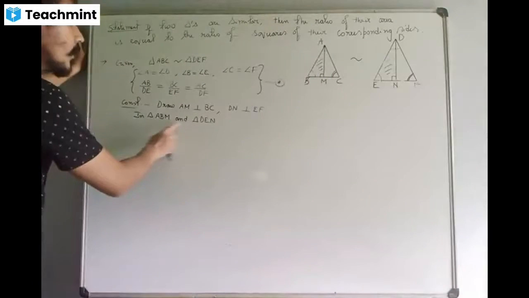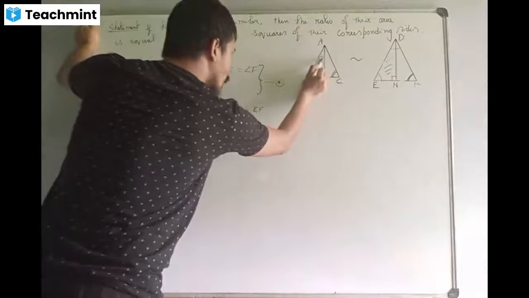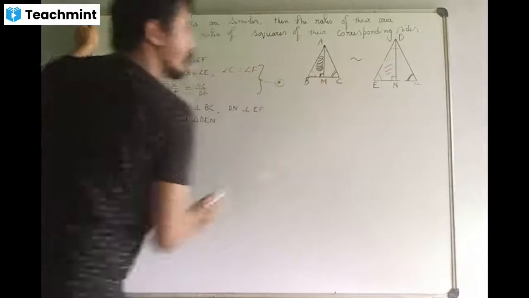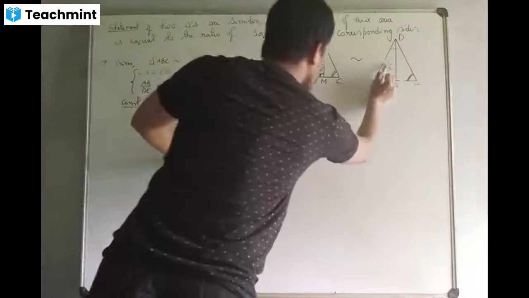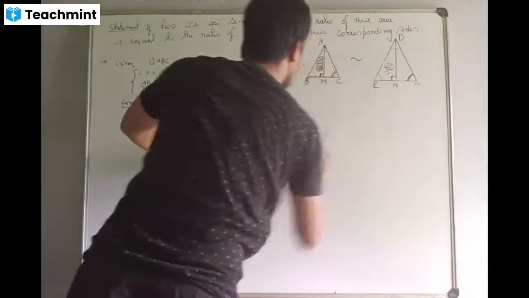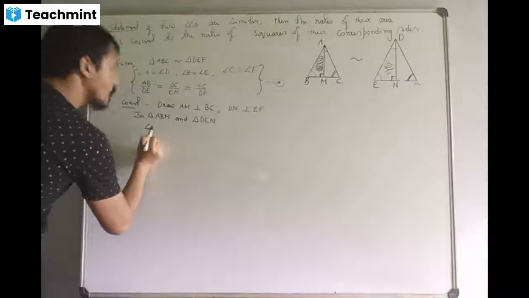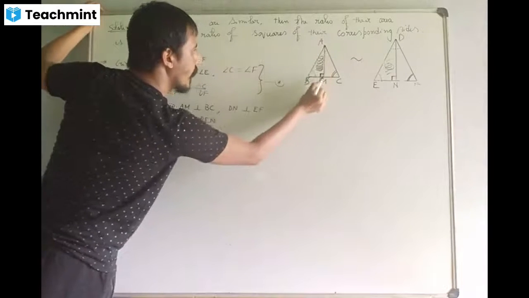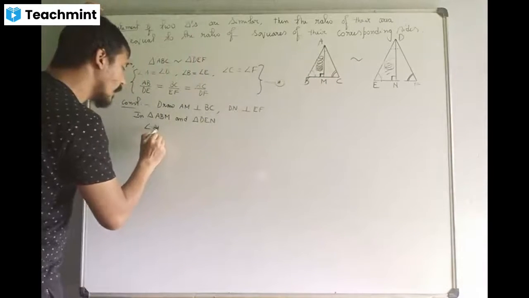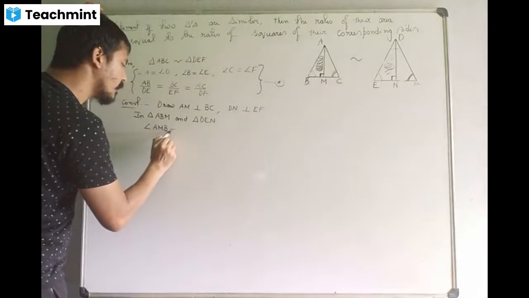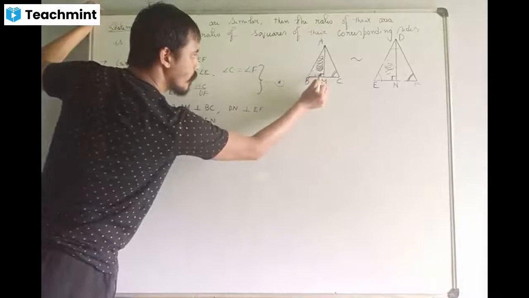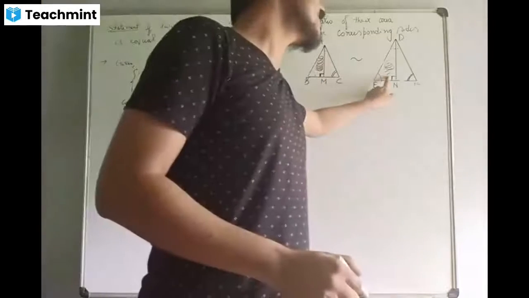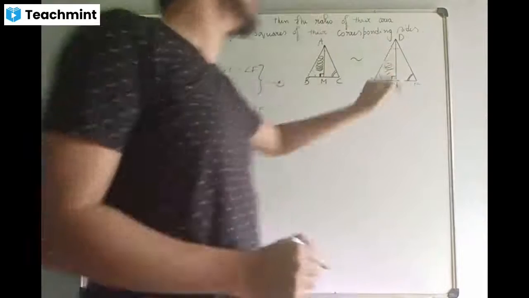Now in triangle ABM and DNE, in this triangle we have an angle which is 90 degrees, angle AMB. In the other triangle we also have an angle which is 90 degrees, which is DNE.